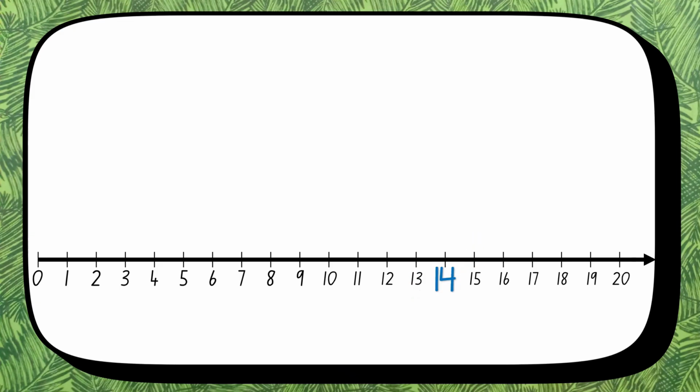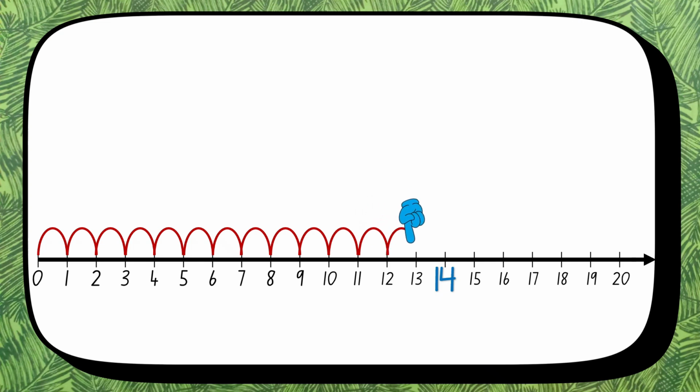All right, let's start from 0 and count to 14. Point along with your finger. Ready? 0, 1, 2, 3, 4, 5, 6, 7, 8, 9, 10, 11, 12, 13, 14.